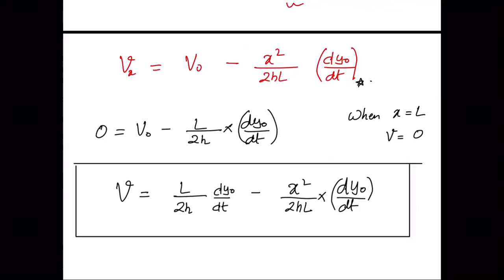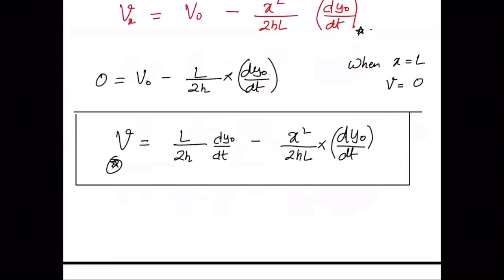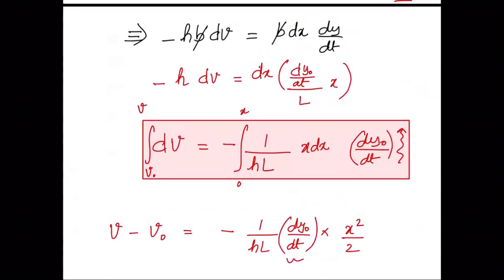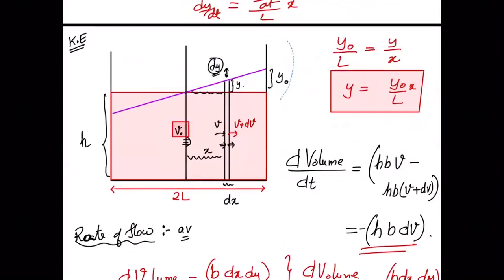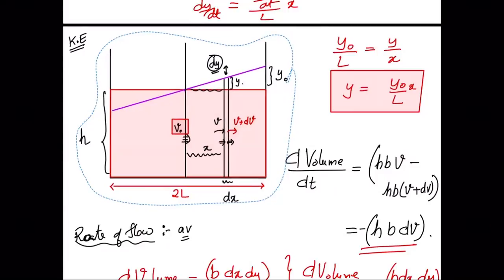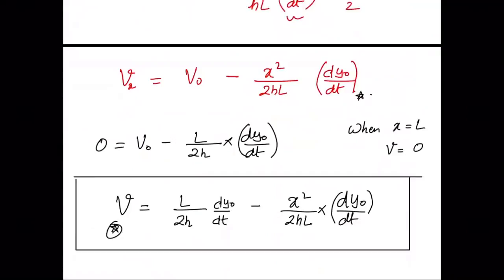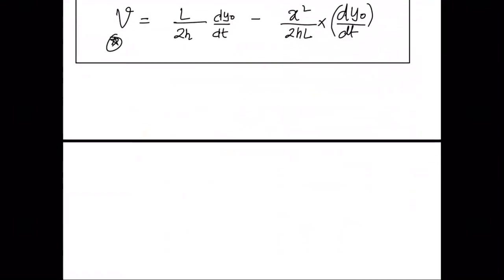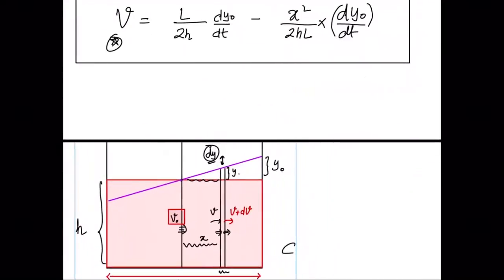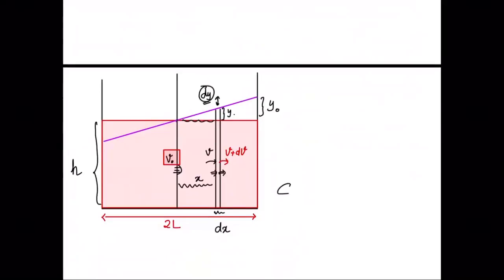Now, how do I get kinetic energy? Kinetic energy is half mv square. At different x, your speed is different. So you consider this again here. Let me consider the kinetic energy of this particular layer, whose height is almost equal to h.